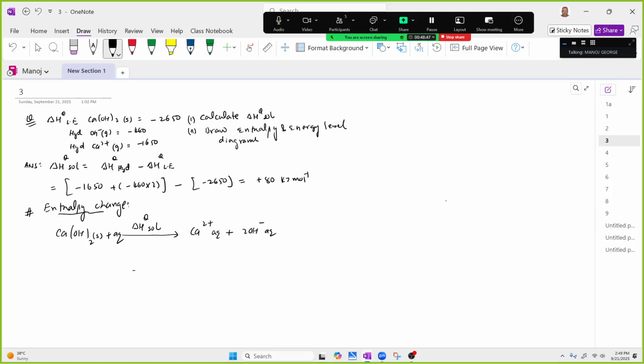And then I'll always have calcium ion in gas here. I will have the 2 OH minus in gas here. Arrow will go up. The diagram never changes. That's the enthalpy change diagram. Is there anyone who needs any help?